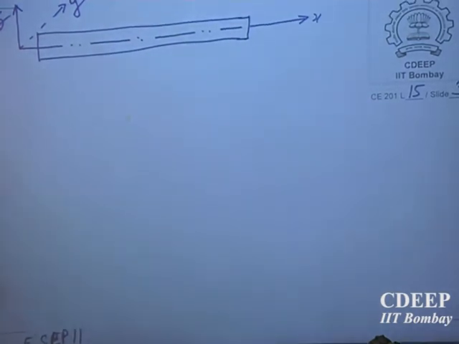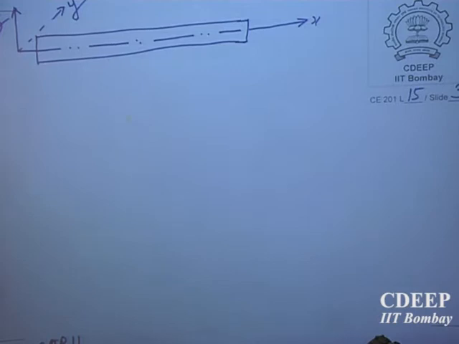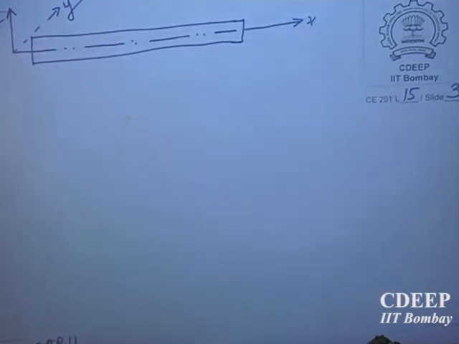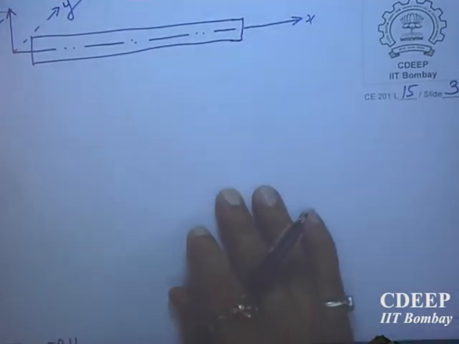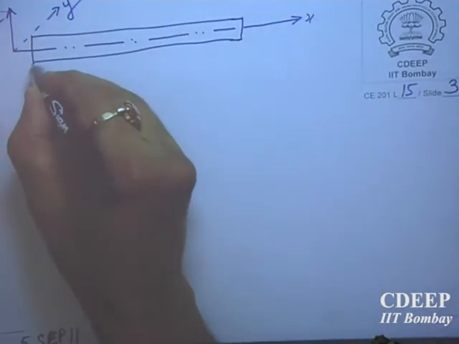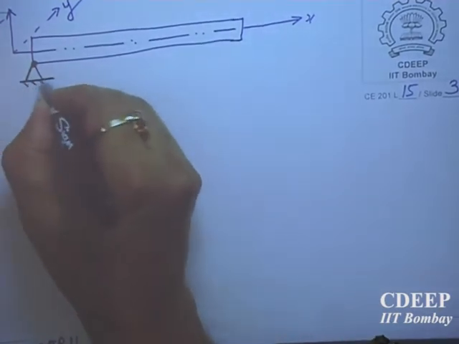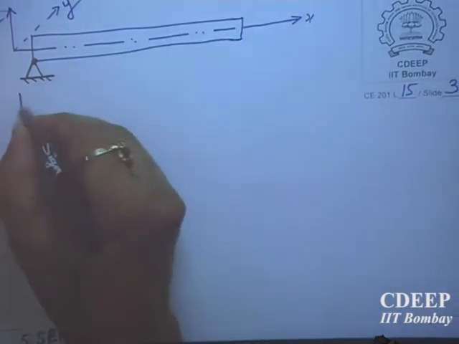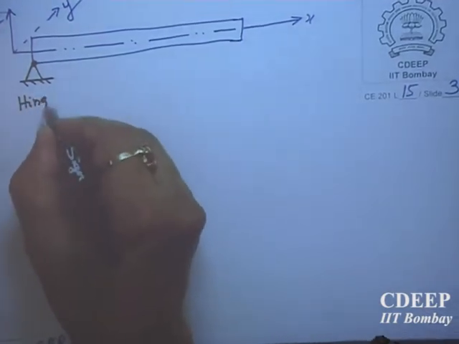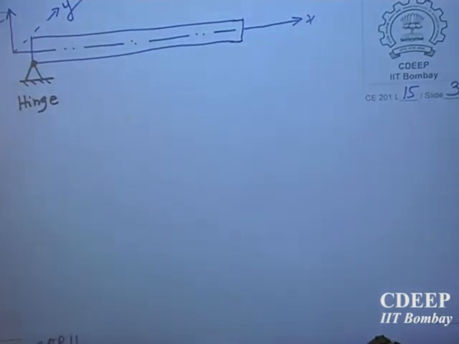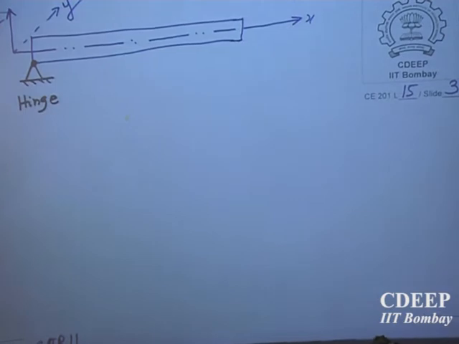There is one support called a simple support. Two ends are simply put on some kind of minimum support we provide. So normally we provide one which we call a hinge. This is called a hinge. That means you have a small pin at the bottom of the beam, and then fix it to the ground.